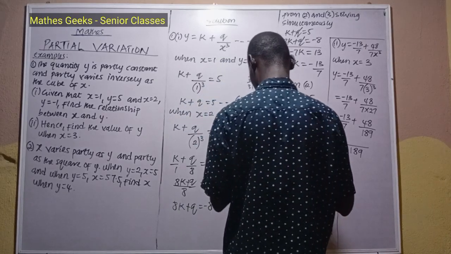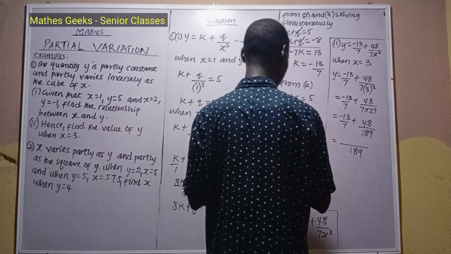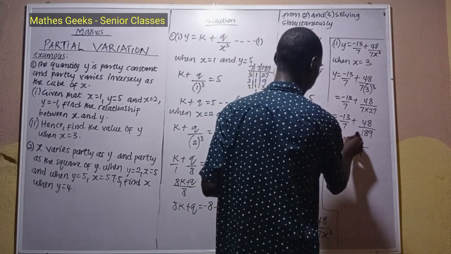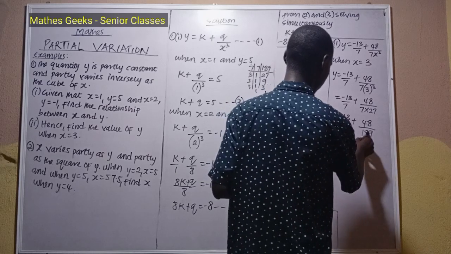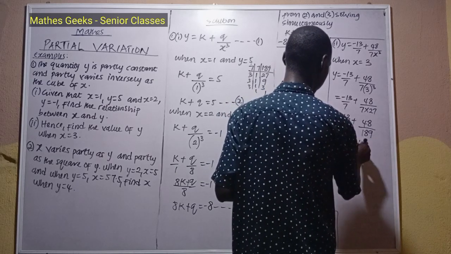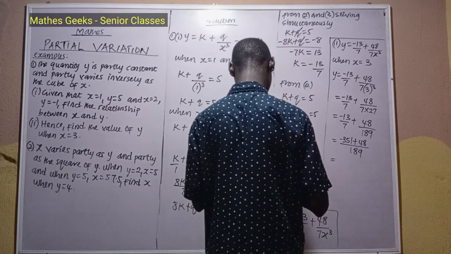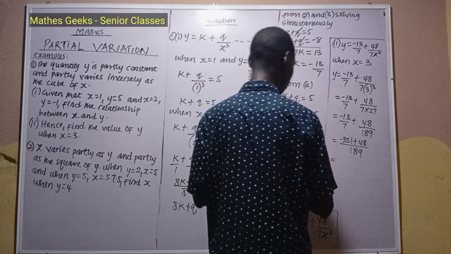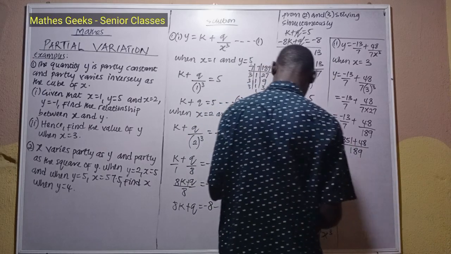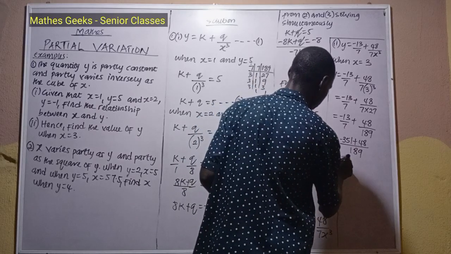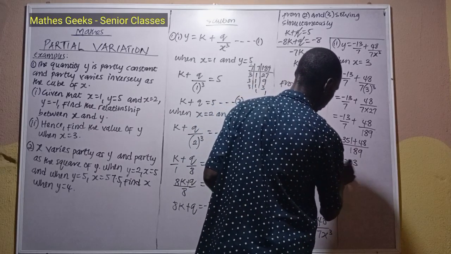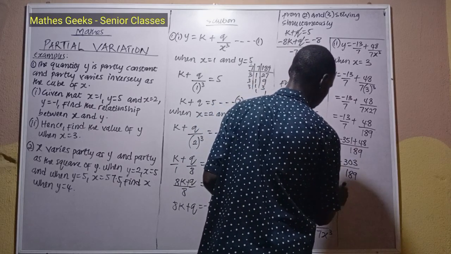27 times minus 13, minus 351, plus 48, is minus 303 over 189.